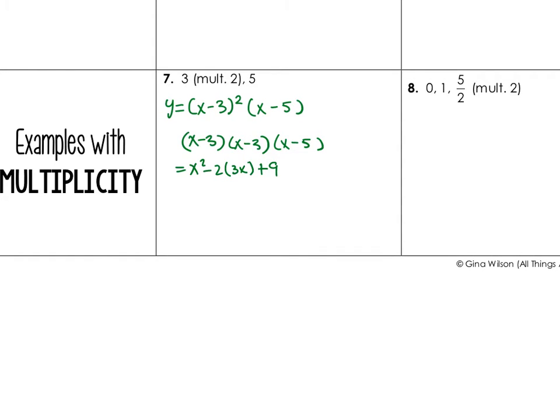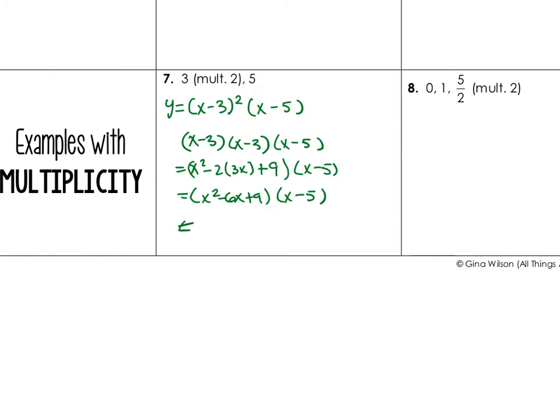Right? So this times x minus 5, right? If you don't remember doing this, you can just FOIL x times x times negative 3, and so on. So at the end, it's going to be the same. So you have x squared minus 6x plus 9 times x minus 5. I'm going to distribute again right here.